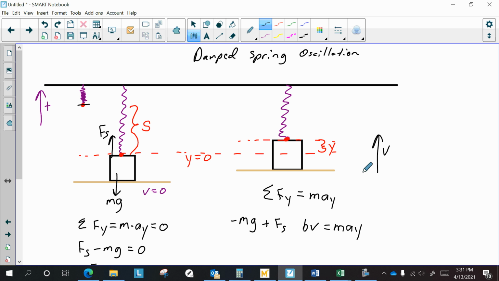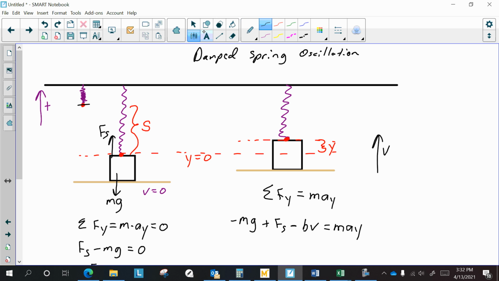If it's moving downward, if we have a negative velocity, then the force is going to be pushing upward. So this force is going to be opposite of the velocity. So we could either call that plus b times the opposite of velocity or minus bv. So it opposes the direction of the velocity. So it's opposing that motion.